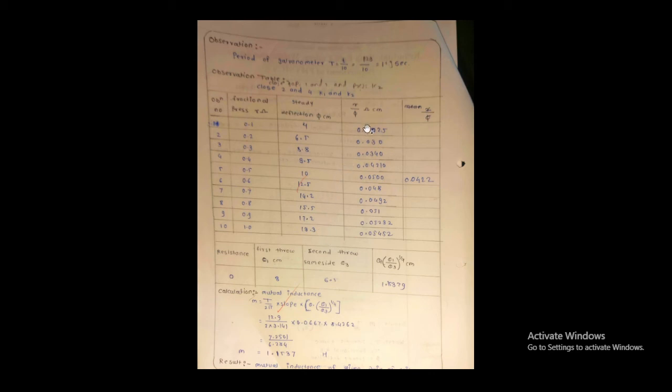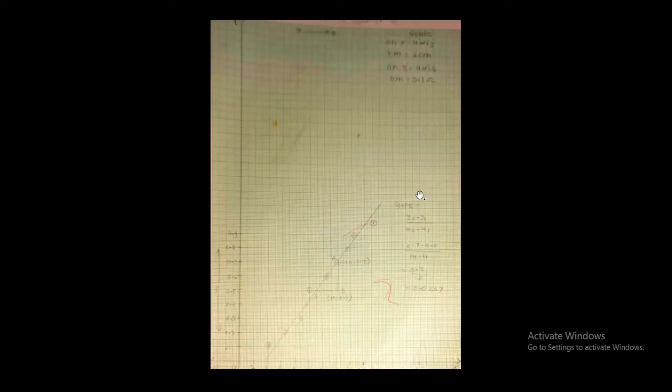Now we can take the ratio of R and phi, and finally calculate the mean R by phi in order to obtain the result by calculation, using this formula. Here M equals 1.15 Henry, because inductance is measured in Henry.